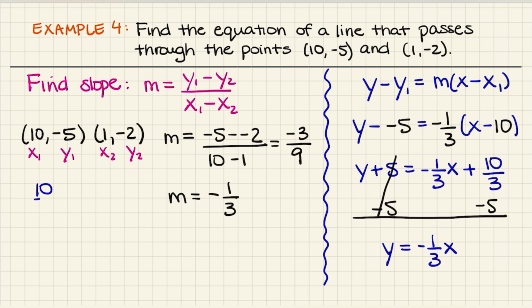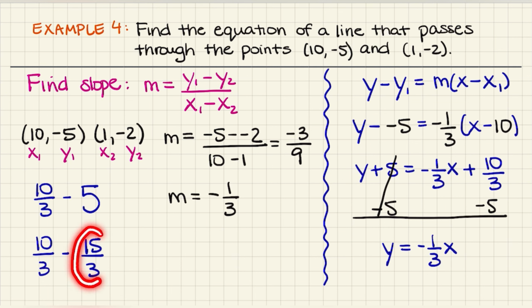So 10 over 3 minus 5. We need to change 5 into a fraction over 3 to be able to subtract. If we need to put something over 3, it has to be 15. 15 divided by 3 is the same thing as 5.